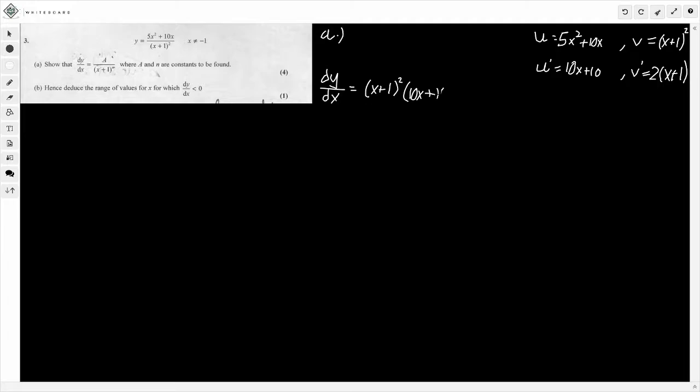So remember, you have to get the order correct with this, guys. Whether you do u prime times v first or u times v prime, it's always u prime times v for quotient rule. Doesn't matter with product rule because it's just multiplication, but quotient rule does matter because we're going to subtract off here. So then we do v prime times u. So that's going to be minus 2 lots of x plus 1 times 5x squared plus 10x.